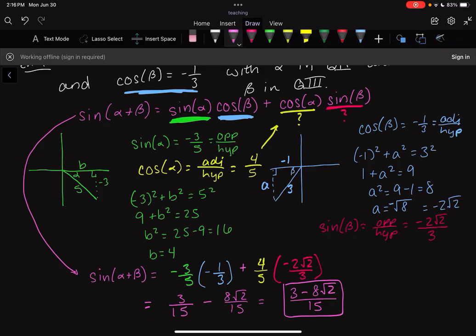Some common mistakes that I'll get for this one is people plugging in, instead of replacing the whole thing of sine alpha with negative 3 over 5, they just plug that in as the angle. I talked about that before test 1, and it did happen on test 1 as well.